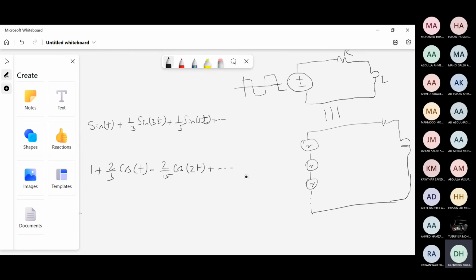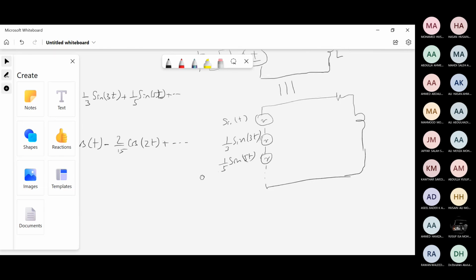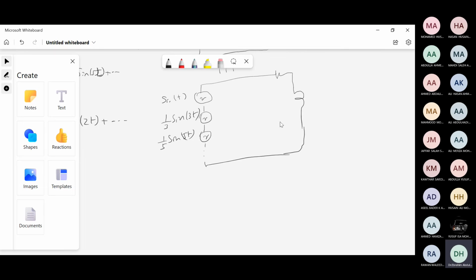This is sine of t. And here we have 1/3 sine 3t. Here 1/5 sine 5t, and so on. Okay, then how to find output y of t here?